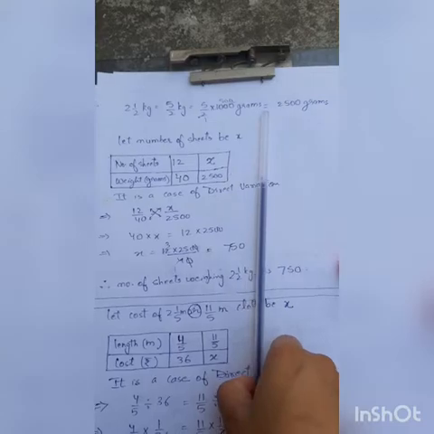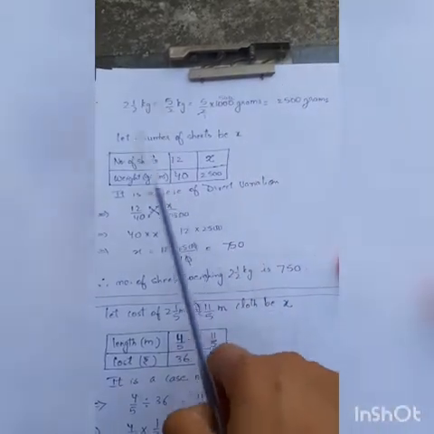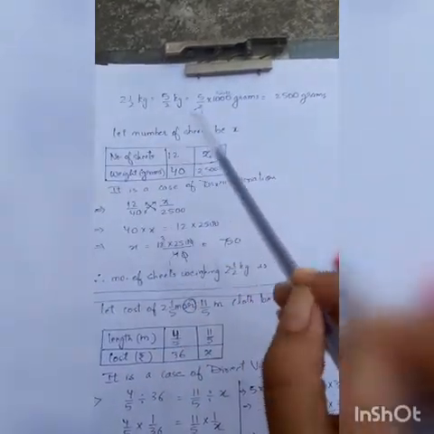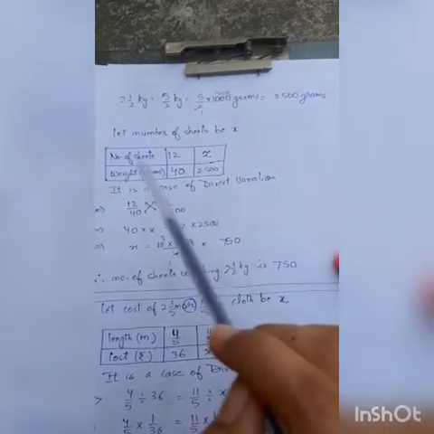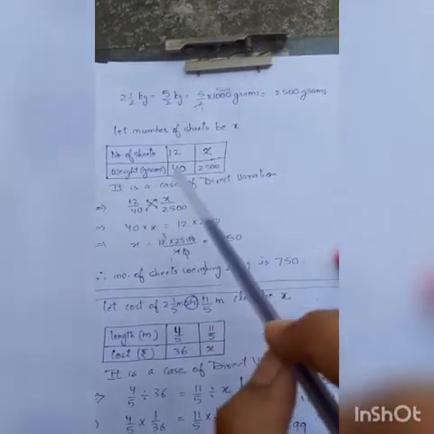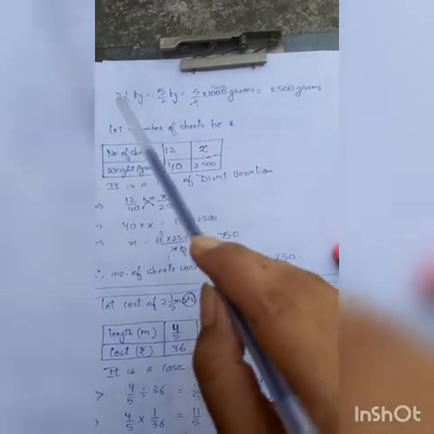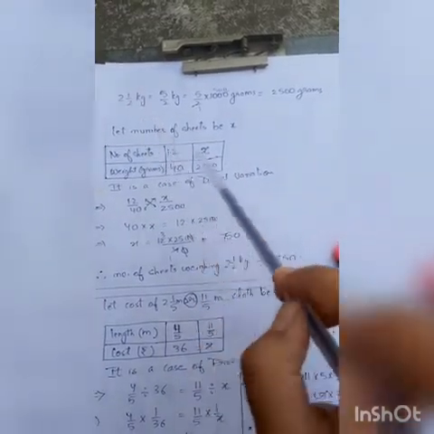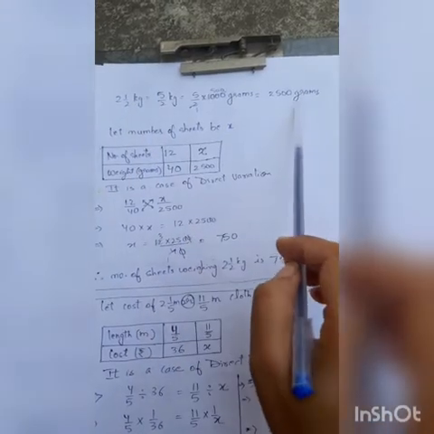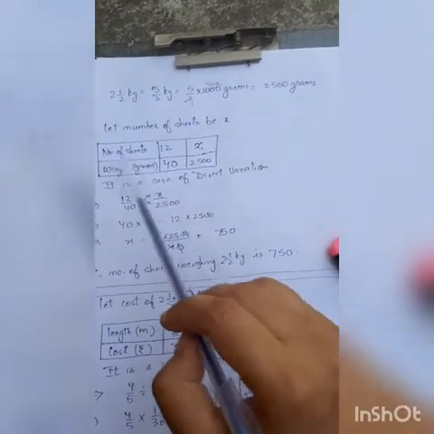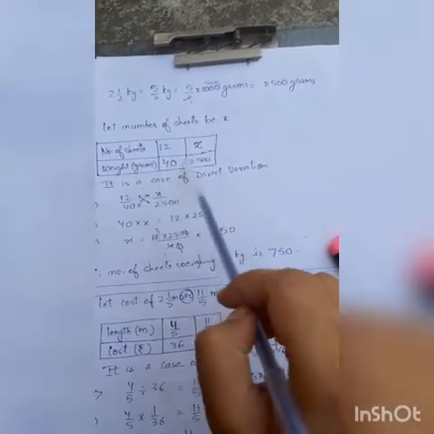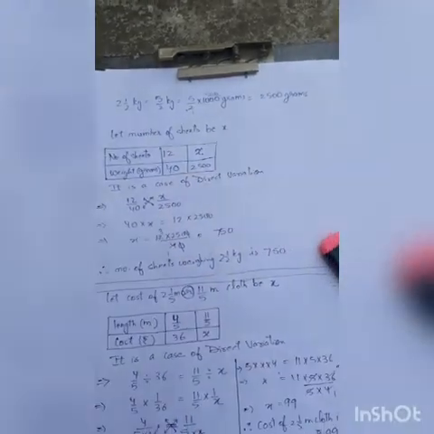To find this, I saw that they are giving me the weight of 12 sheets in grams, but next they are asking the number of sheets for kg. So I have to change the kg into grams again, because in the table I cannot take a combination of two units. I have to keep the units the same.